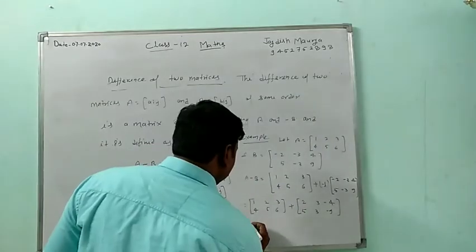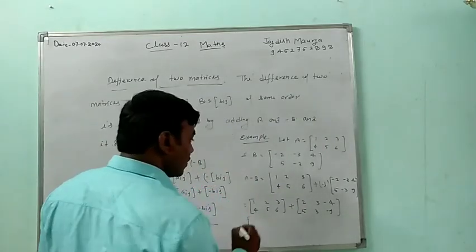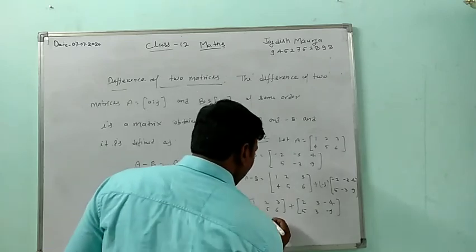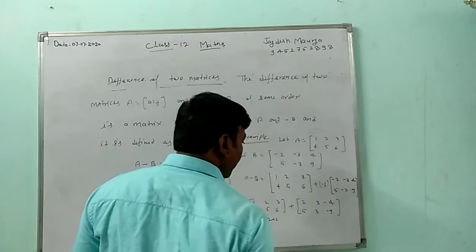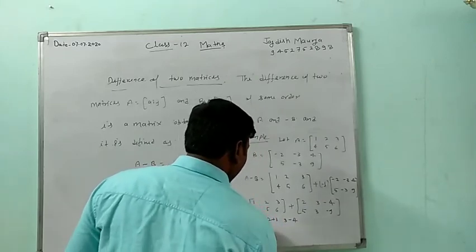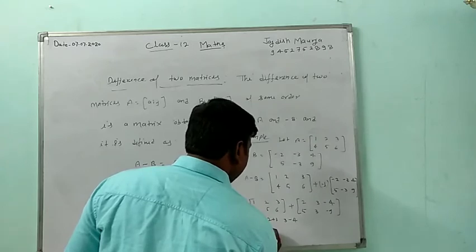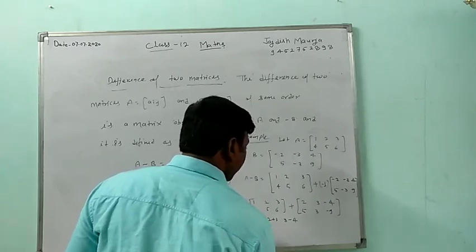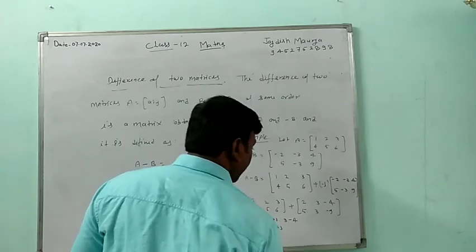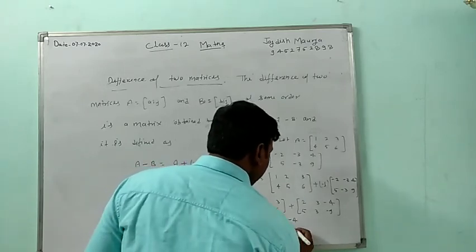This will come 1 plus 2, 2 plus 3, 3 minus 4, 4 minus 4 plus 5, 5 plus 3, 6 minus 9.